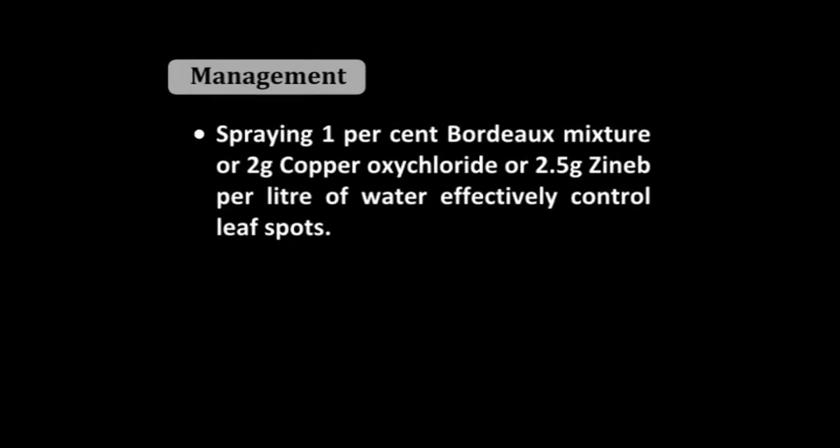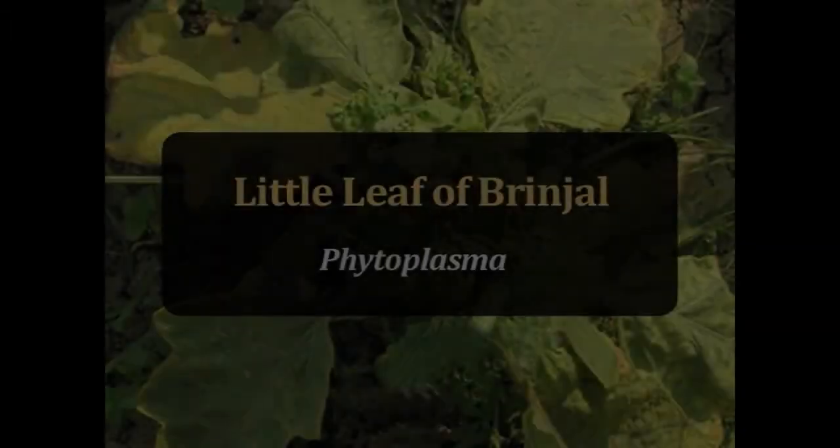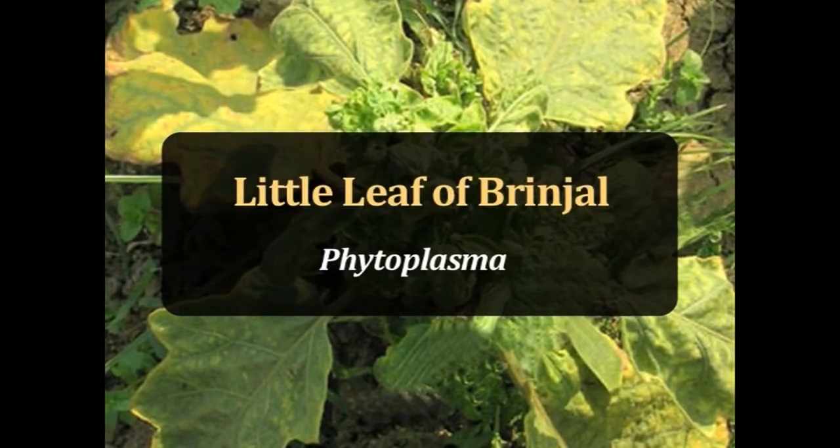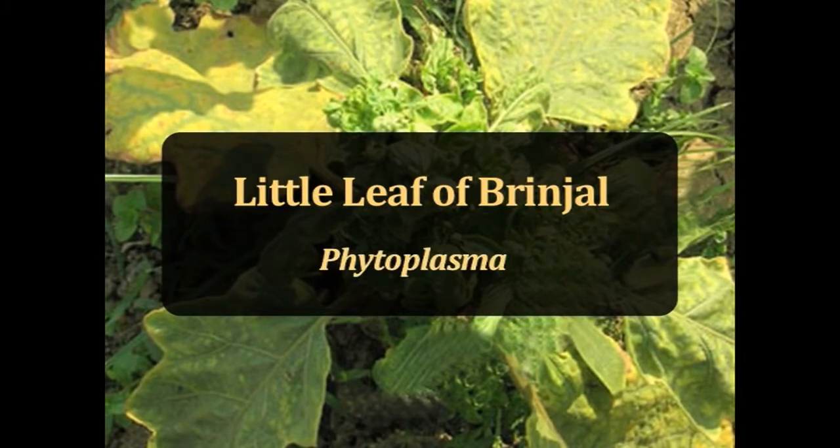Now coming to the management of the disease. Spraying 1% Bordeaux mixture or 2 gram copper oxychloride or 2.5 gram Dithane M-45 per liter of water effectively controls leaf spots. Next is the little leaf of brinjal. It is caused by phytoplasma.